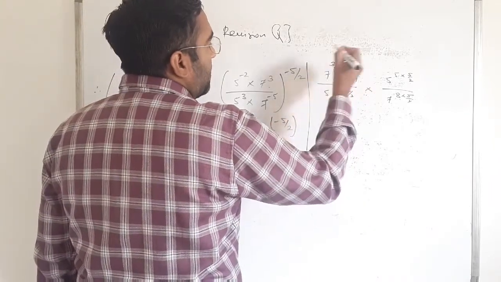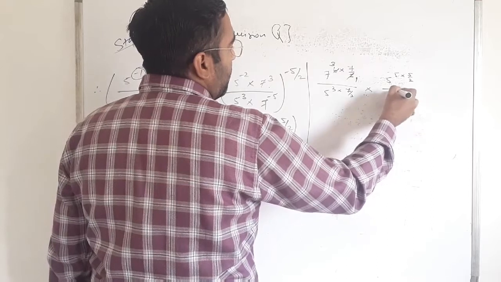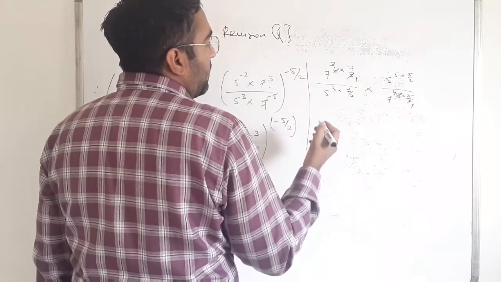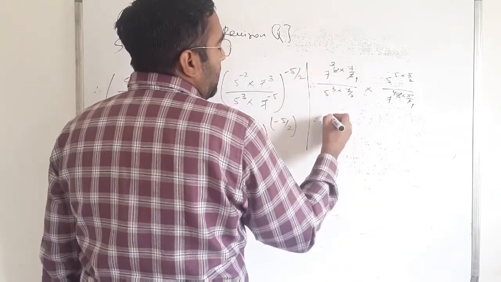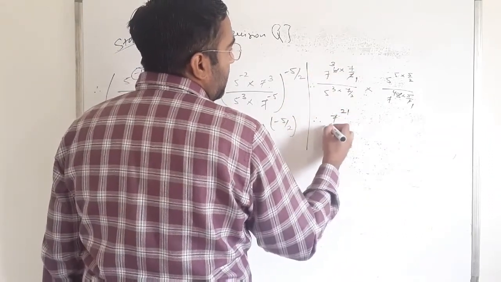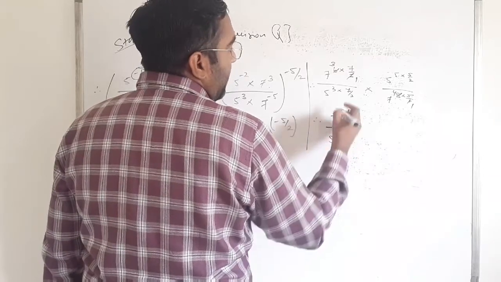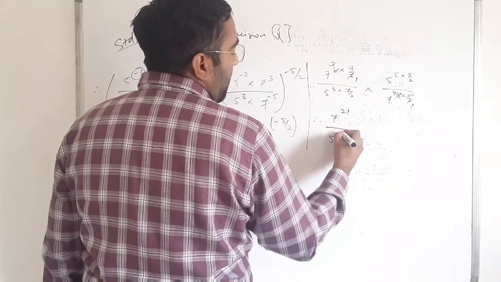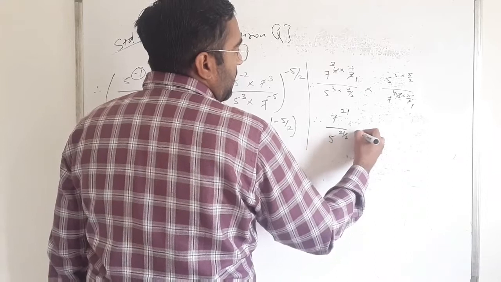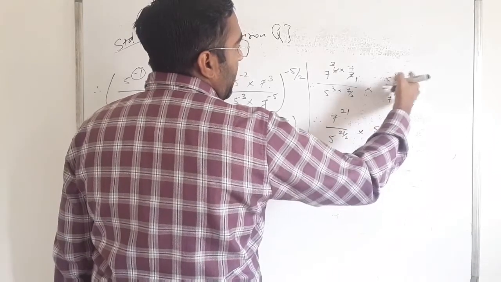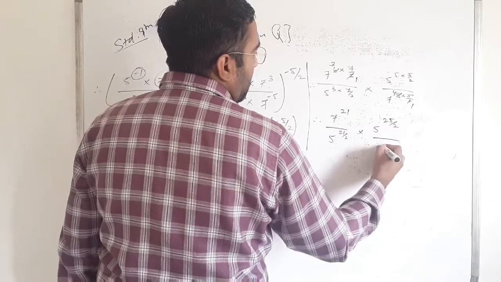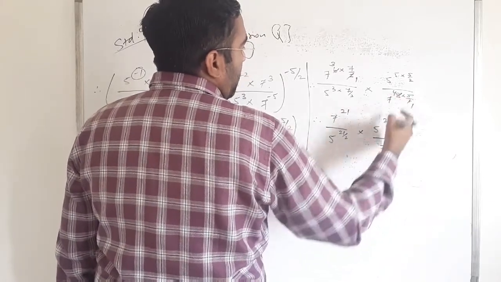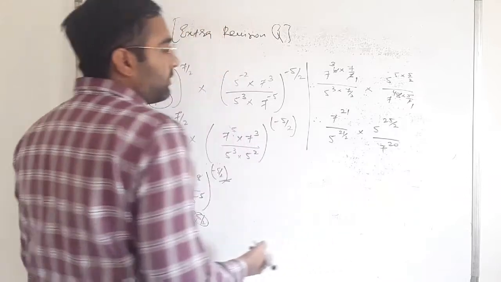2 ones are 2, 3 twos are 6, 2 fours are 8. Not any kind of cancellation is required now. So 7 threes are 21, 7 raised to 21 upon 5 raised to 7 threes are 21 by 2, into 5 raised to 5 fives are 25 by 2 upon 7 raised to 4 fives are 20.